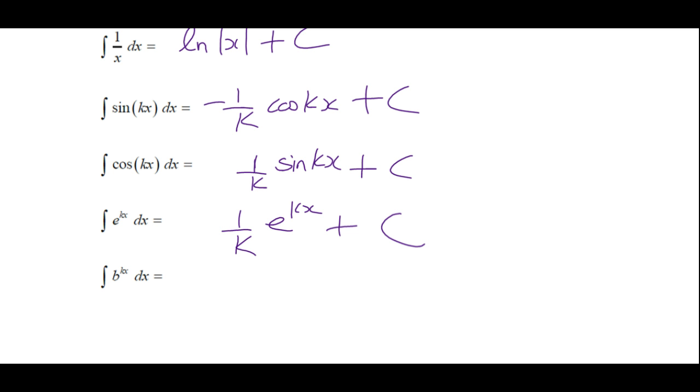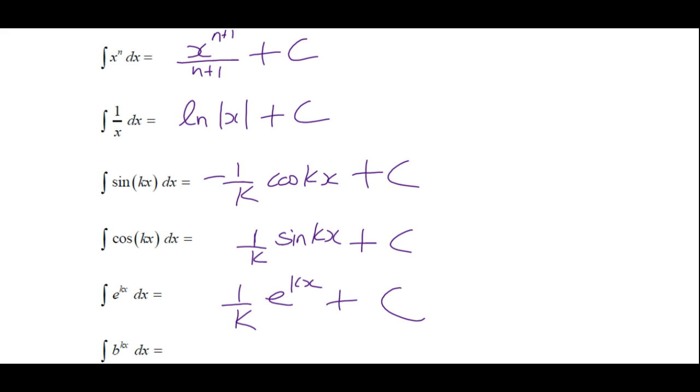B to the kx. Oh, not so easy. So we have to do a little something here, right? If it were e to the kx, that would be easy, right? So here's the thing. What can I do with b?